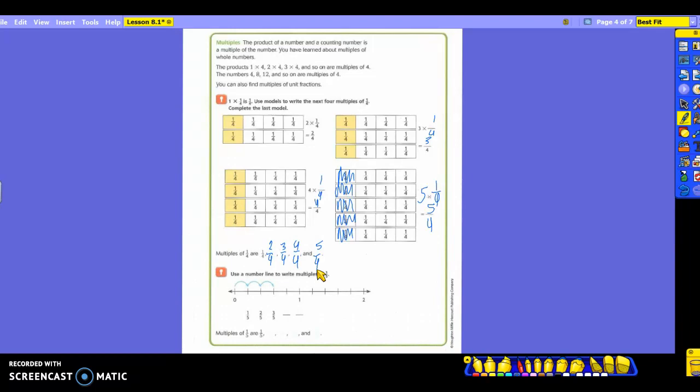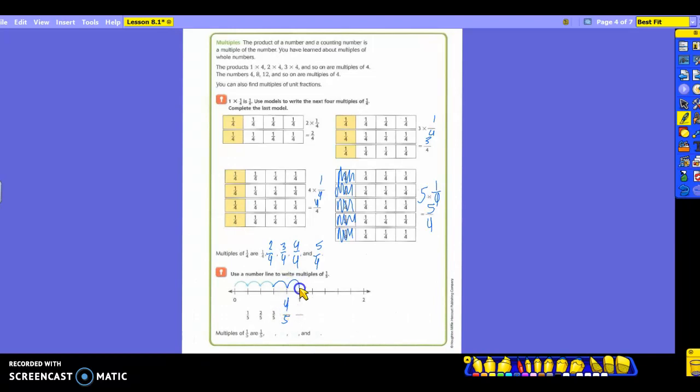This time it's going to be 1/5. We're not going to use a fourth, we're going to use 1/5. So take a look at the number line. They drew 0 and 1 and 2. Here they have 1/5, 2/5, 3/5. Yes? So what's going to come next? So we're going to make this line here, and this is going to be 4/5.